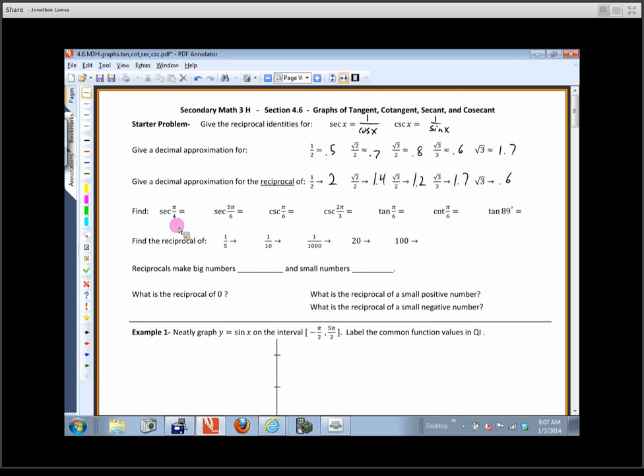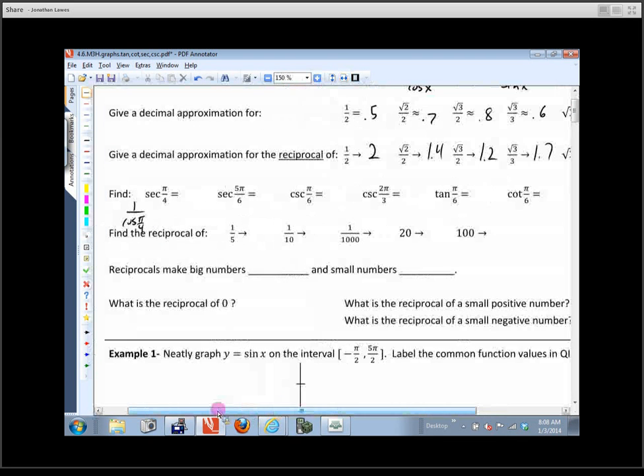All right, so let's figure out what the secant of pi fourths is. We've actually done this before, but these are not the values right off of the unit circle, but they're pretty close. Secant is related to which trig function? The cosine. So this would be the same as asking what's 1 over the cosine of pi fourths. The cosine of pi fourths is one that we're really familiar with.